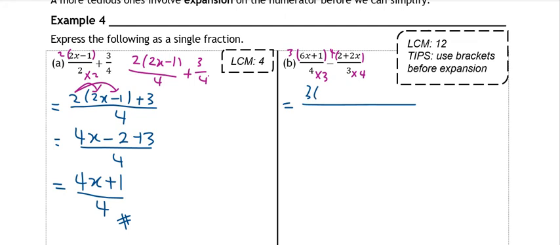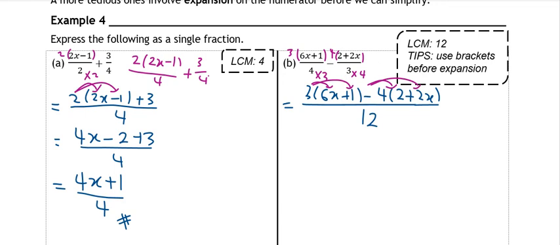So 3 bracket 6x plus 1, and then in between there's negative. So that's why I suggest you to use brackets before expansion. So negative 4 bracket 2 plus 2x inside the bracket, everything over 12. So what you're going to do next is to expand according to the brackets over here.